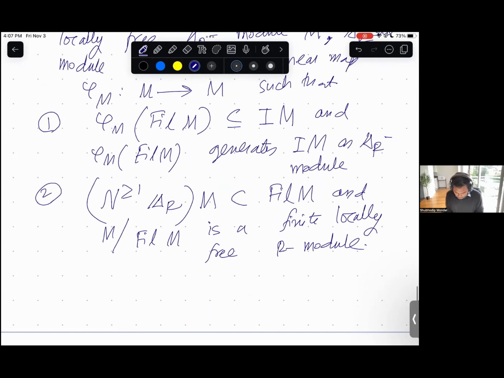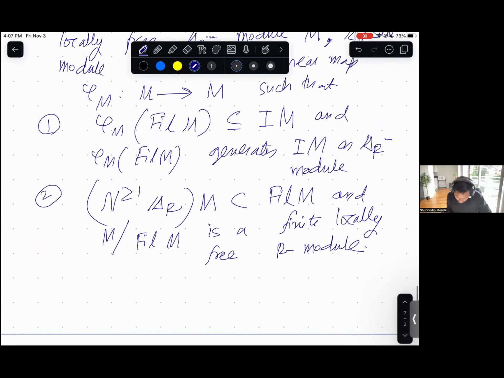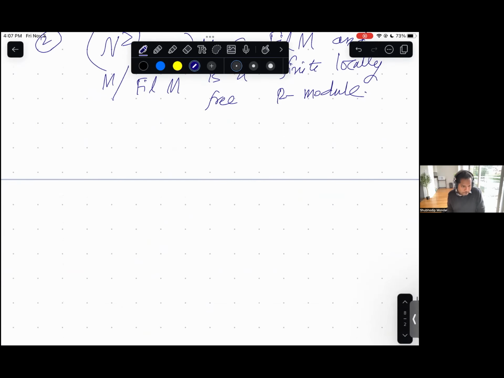Okay. So now I'll just state the main result of Anschutz and Le Bras in this setup.